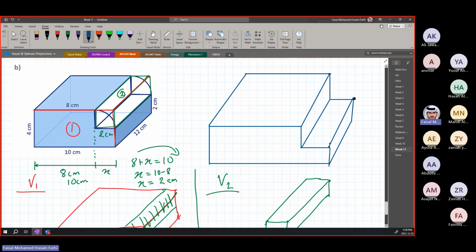Okay? Same exact thing we can do for the length, for this side over here. Let me do this in purple. Same exact thing. This is the cut. We know that this total part is equal to 4 centimeters, and the bottom part is mentioned here as 2 centimeters.